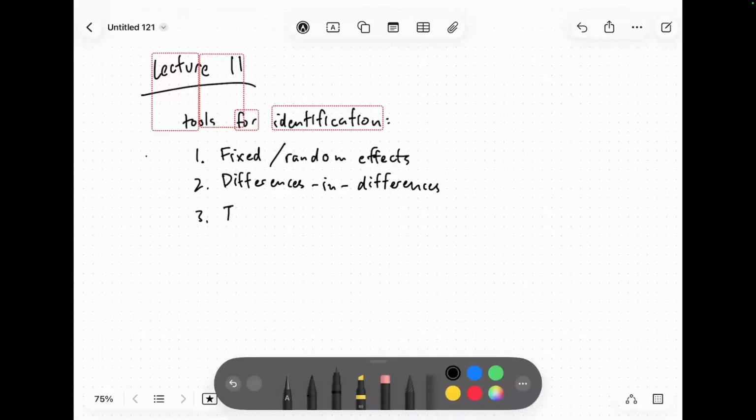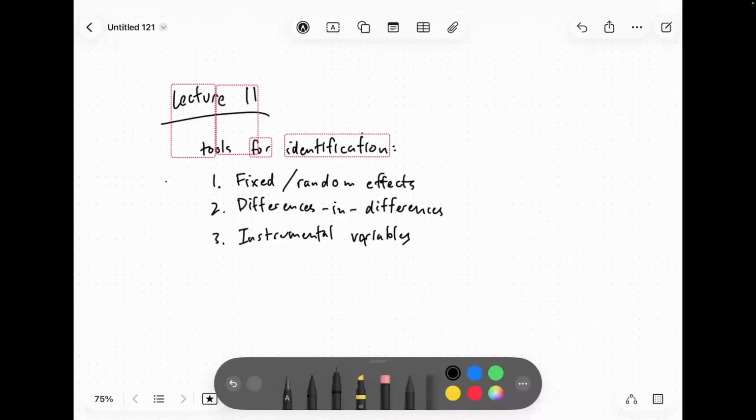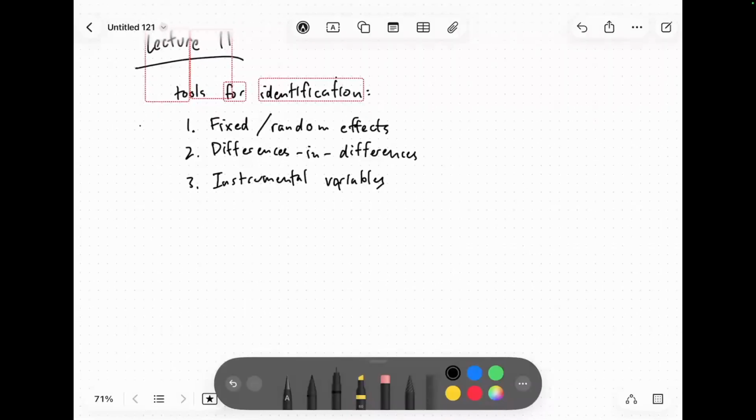And three, we'll look at instrumental variables. Okay. So we're going to start off with fixed effects.